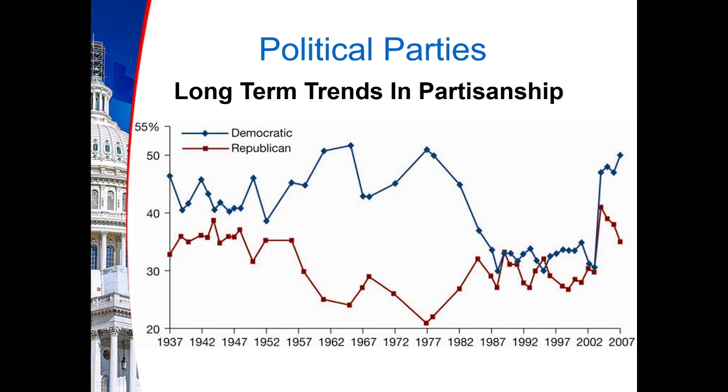Some of the changes that you can notice is that with particular presidents, say with Richard Nixon in the early 70s, you saw an increase in the percentage of people who supported the Democrats and a decrease in the percentage of people who supported the Republicans. Conversely, with Jimmy Carter, you saw an increase of people who support the Republicans and a decrease in people who support the Democrats.